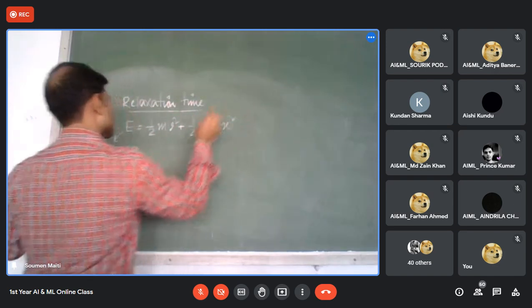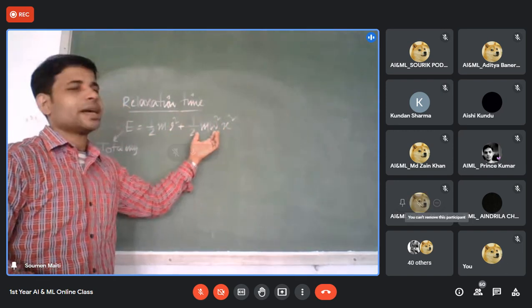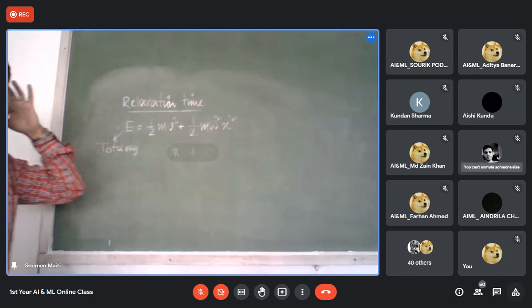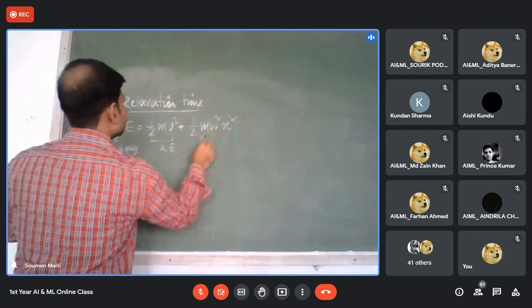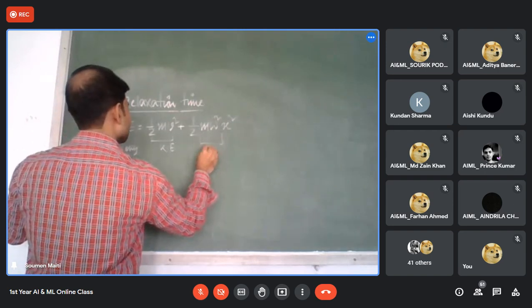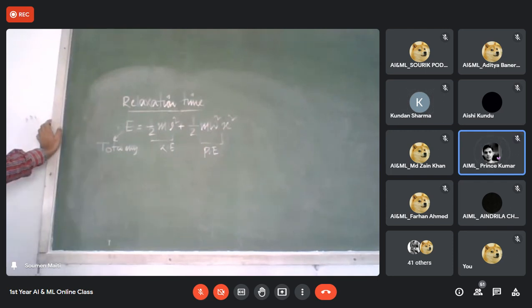That is the kinetic energy and the potential energy, half kx square, where k is nothing but m omega square. This is the kinetic and this is the potential. Is there any problem with this expression?